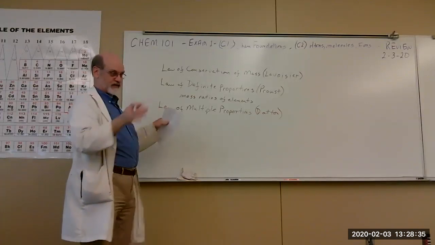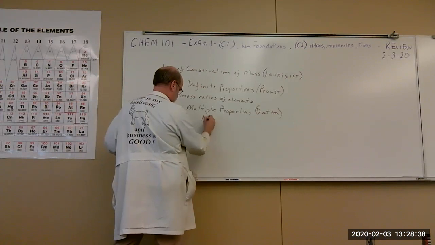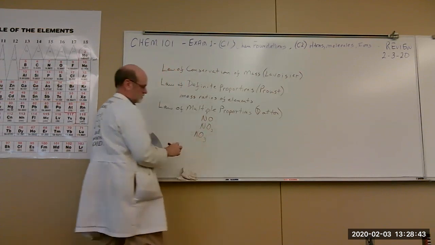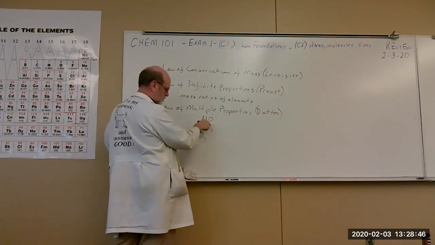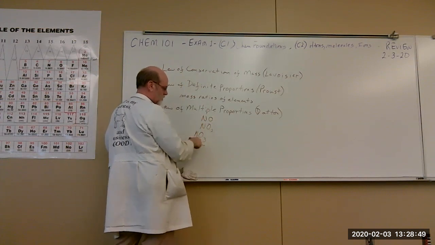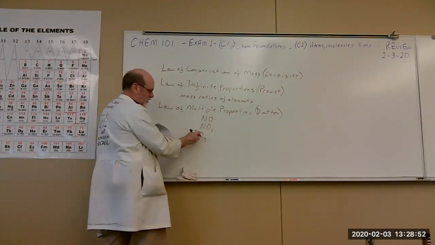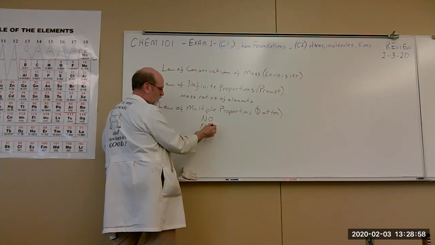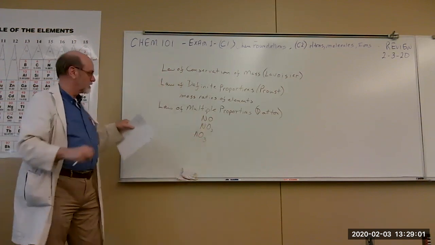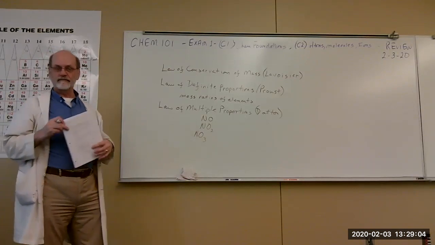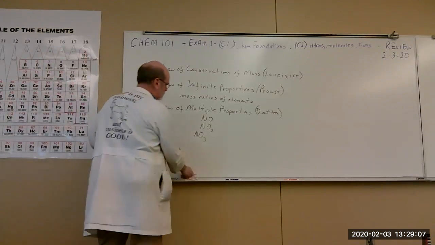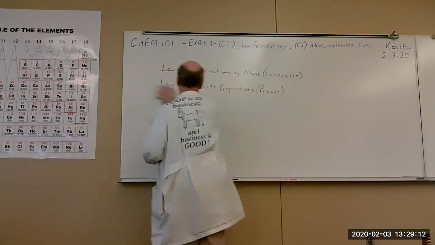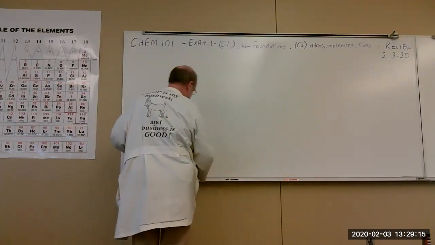And he didn't know this at the time, but nitrogen monoxide, nitrogen dioxide, nitrogen trioxide. Holding nitrogen constant, each of these masses of oxygen increases. If this is 1, then this is double that one, and this is triple that one. That's multiple proportions. It's basically an observation. But Dalton did come up with a good one after that. Dalton's atomic theory.